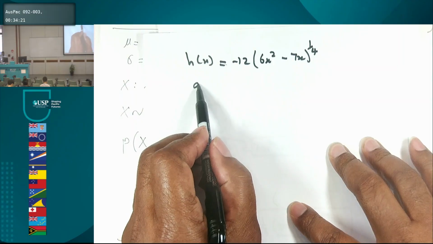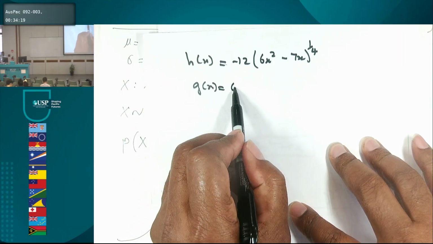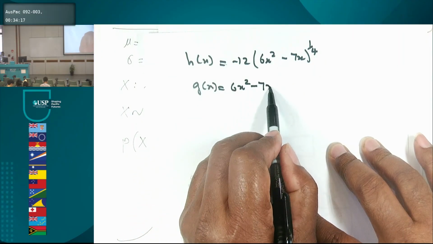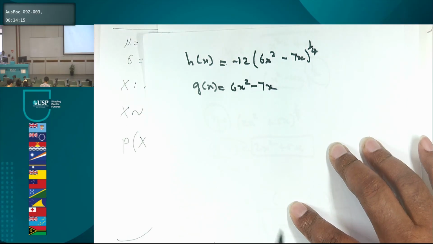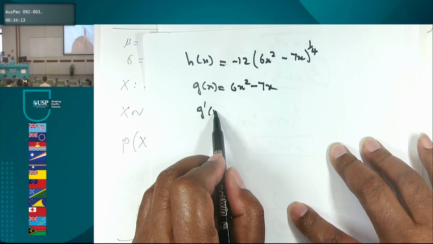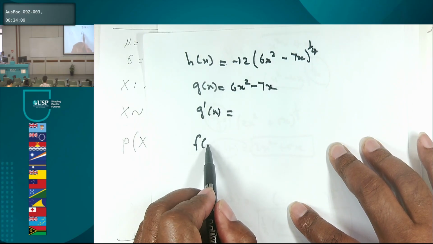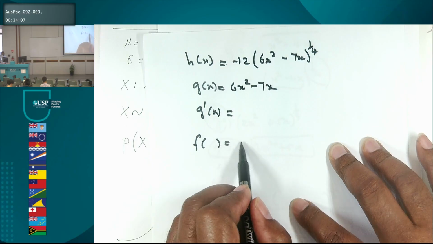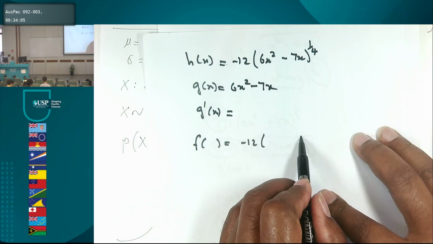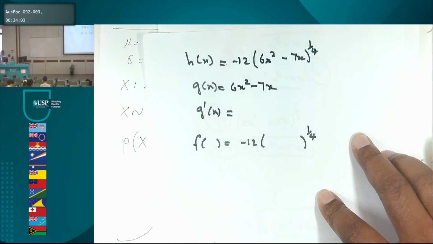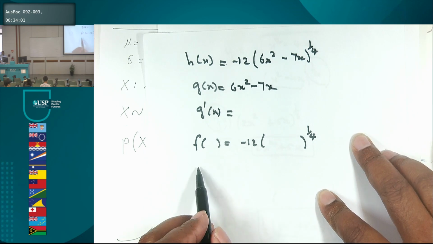So the inner function is, so g dash, outer function, let's say, is negative 12. So what's f dash?